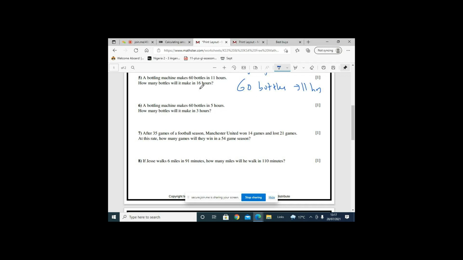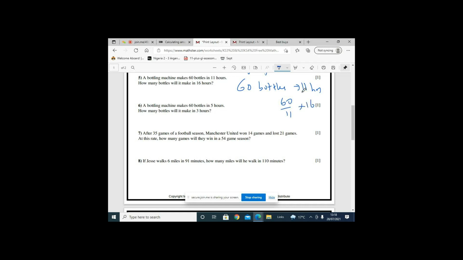Then for 1 hour, it's going to be 60 divided by 11. Then for 16 hours, just multiply this by 16.